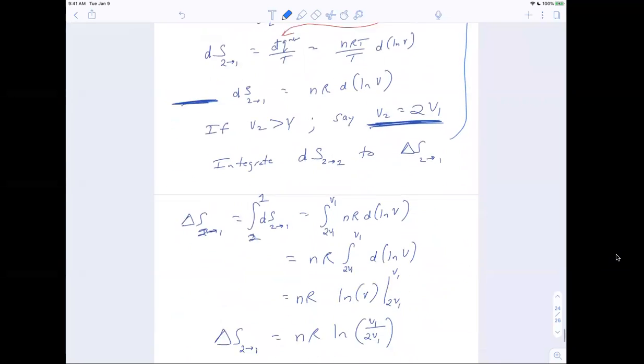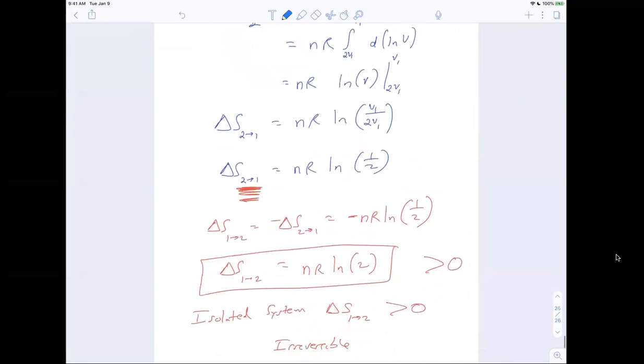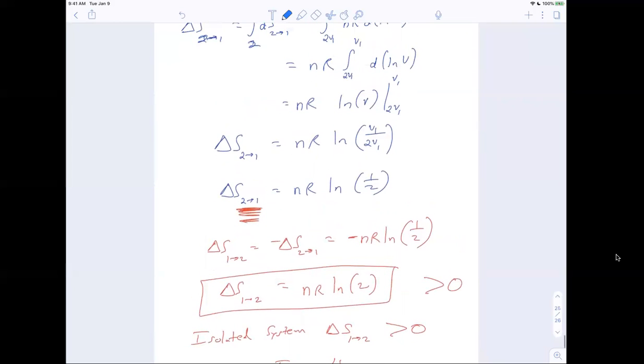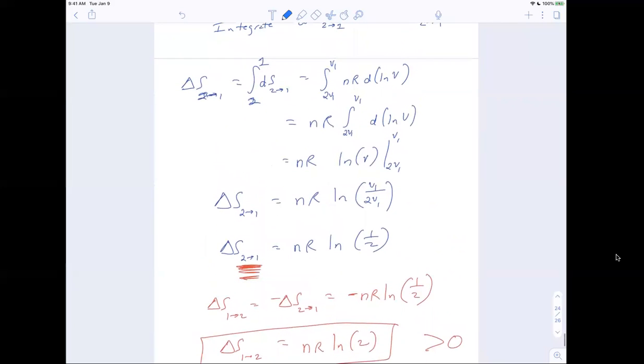So I'm not going to spend any more time on it, and go to the punchline, which was that delta S for the process 1 to 2, which we all agreed is irreversible in the isolated system, turned out to be nR times the log of the ratio of the volumes. And if we take the second volume, the full volume, to be twice the initial volume, it turns out to be nR log 2. But the important point to keep in mind is that delta S, okay, scales as the ratio of the volumes.